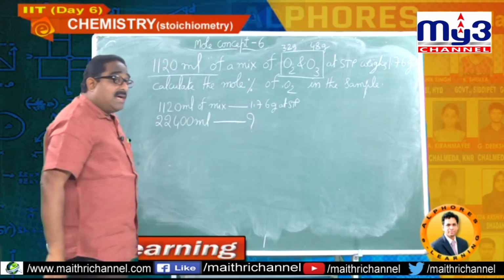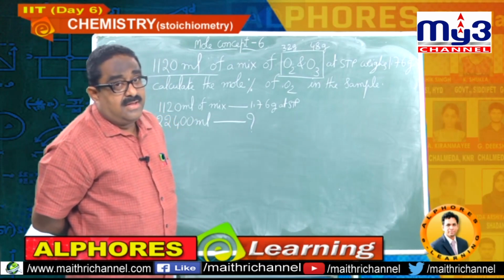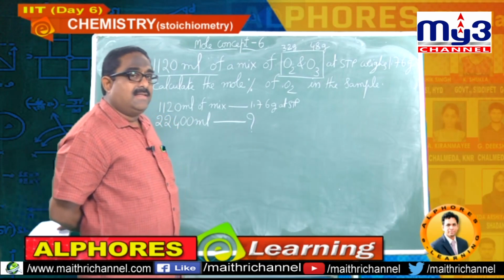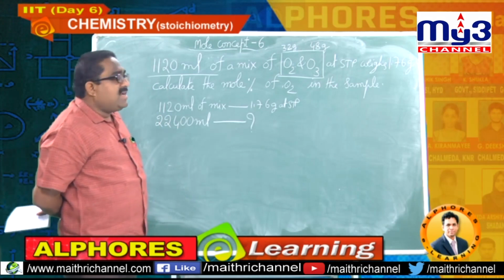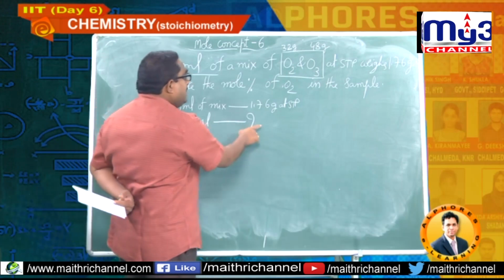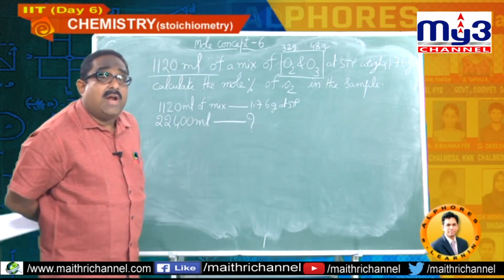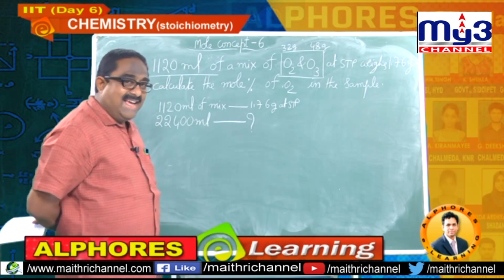Then what will be the corresponding mass? If it is a single gas, the corresponding mass is molar mass of that gas. Here it is a mixture of two gases. So the corresponding mass you will get here is average molar mass of the gas mixture again.